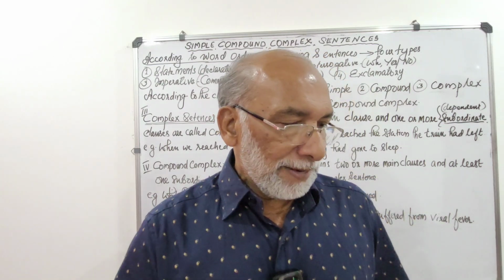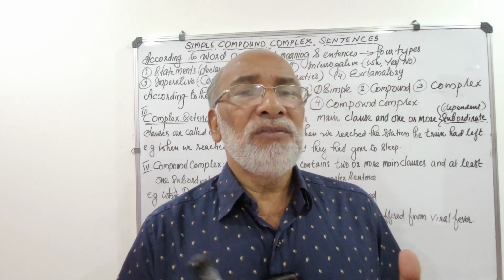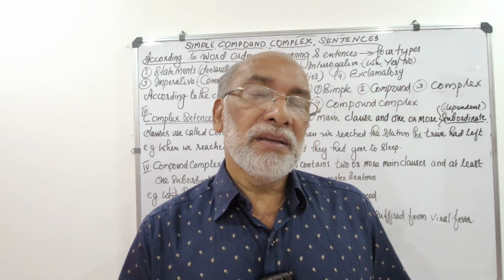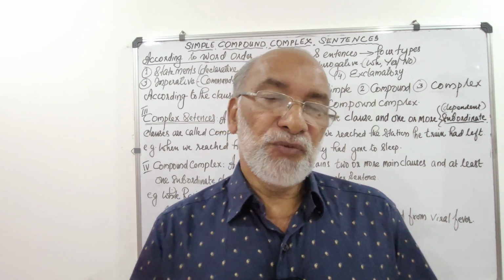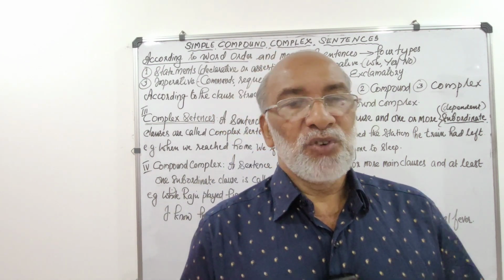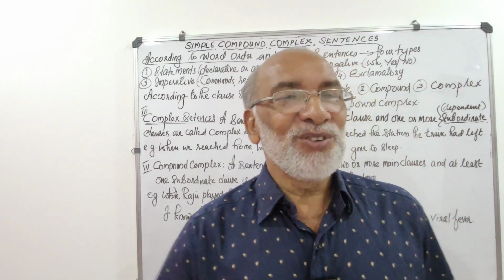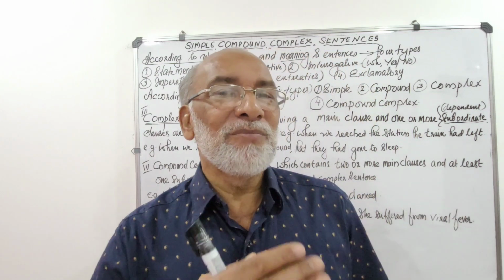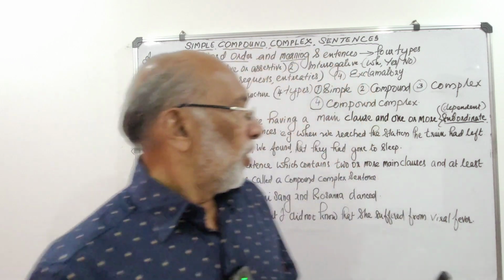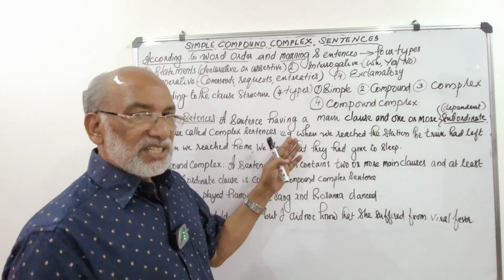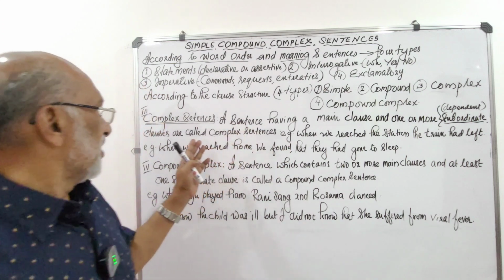Okay. Then I think I have already given you a video, a class on phrase and clause. If you want, you can go back and see that video and come to this one, so it will be easier to understand. Anyway, let's come to the complex sentences.